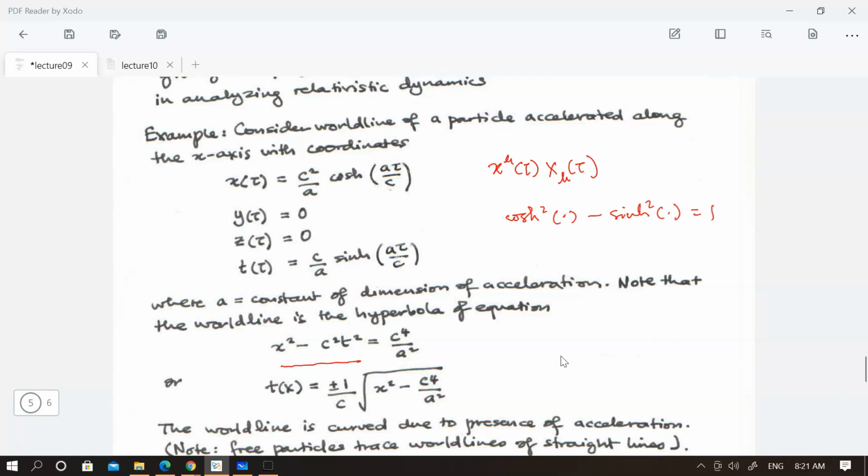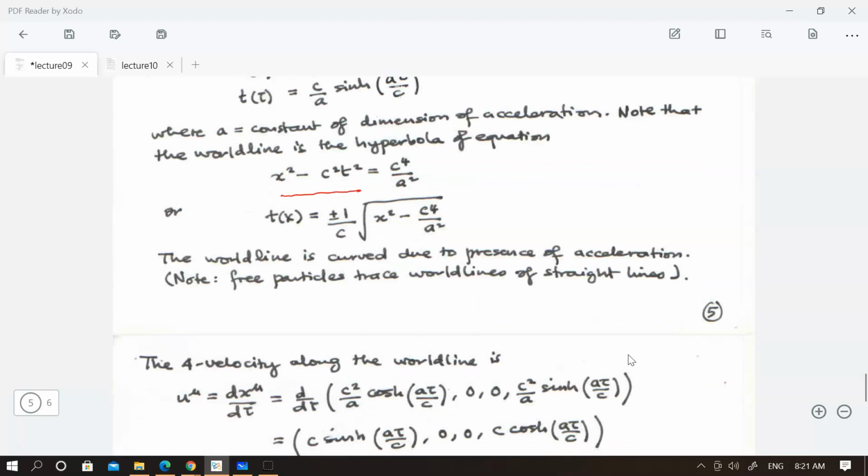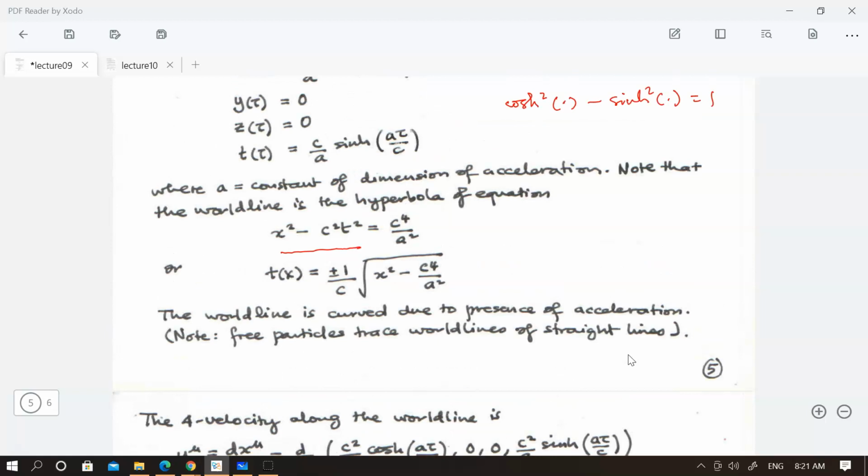Essentially that will give you this particular hyperbola equation. From there you can also get your time coordinate in this particular case. You're just rearranging this hyperbola equation to be written in terms of the spatial coordinates, in this form. And the world line is curved, so that shows there's a presence of acceleration.